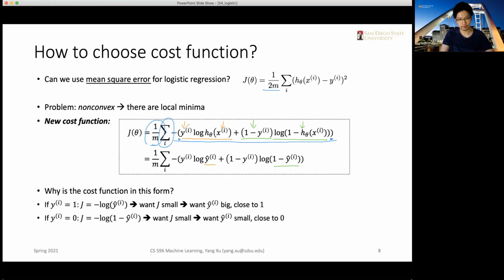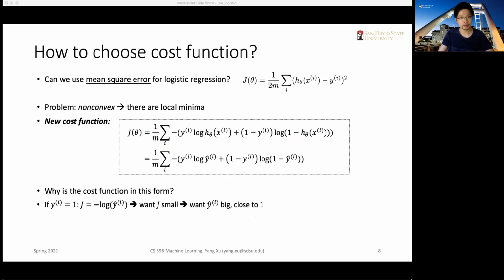So in this case, if the ground truth yi is 1, what would happen? Looking at the equation, if yi is 1, then the 1 minus yi term is 0, so this whole right term is gone.